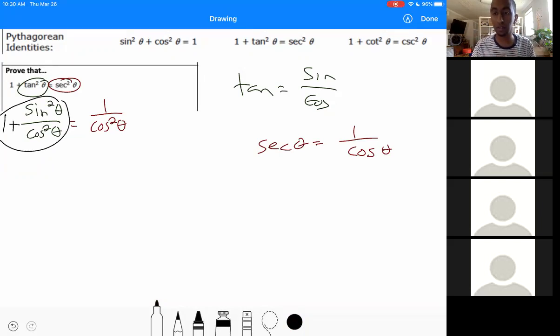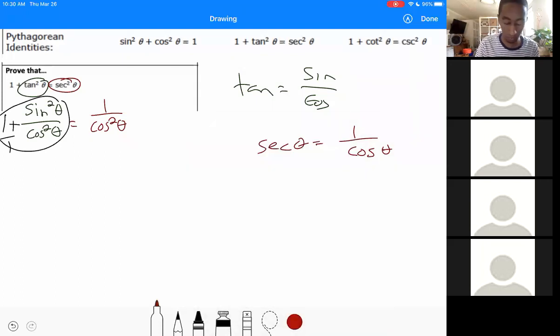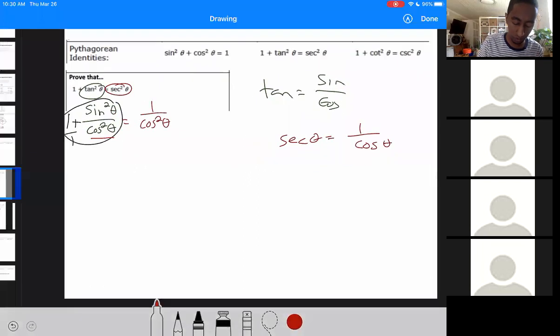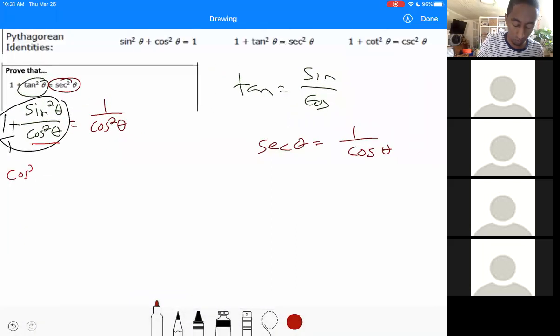So when you add these, first let's write this as 1 over 1. When you add fractions, they have to have the same denominator, right? And so the left side, 1 over 1, needs to have the same denominator as this. So we will be multiplying, I ran out of space, cosine squared of theta over cosine squared of theta times that 1 over 1, okay?